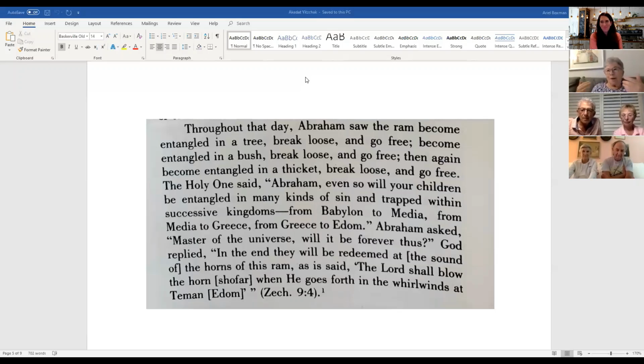Almost like we say all the time, are we going to be dealing with wars and anti-Semitism and so on? It seems like that's what they're trying to get at here. But then they have God say, "No, in the end they'll be redeemed." And when the shofar is sounded, which is what we do on the holiest day of the year.